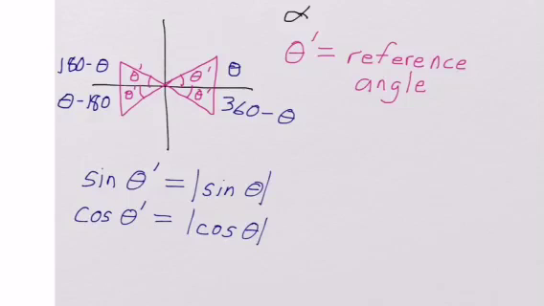Because then we can use the identities from section 1.4 in order to obtain the other trig functions, and thereby obtain that the absolute value of the trig functions are always equal to the trig function of the reference angle.